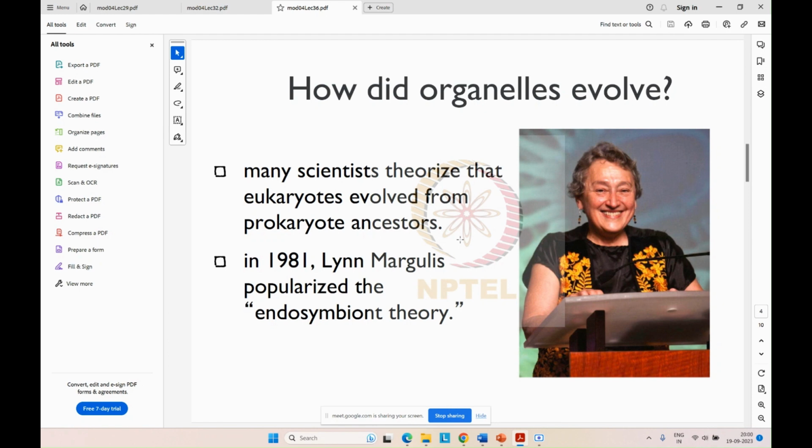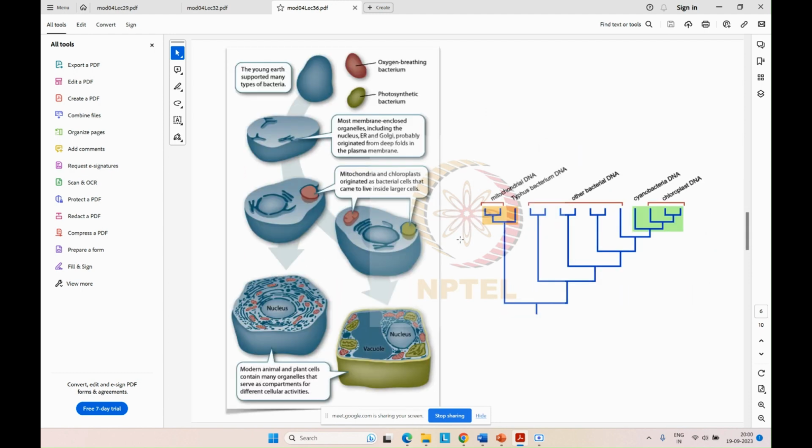There have been multiple studies in which they compared how the DNA sequence varies in mitochondria, chloroplast, and prokaryotes, and they see that the mitochondrial DNA and the chloroplast DNA is similar to what is found in other prokaryotes, even at the present day.